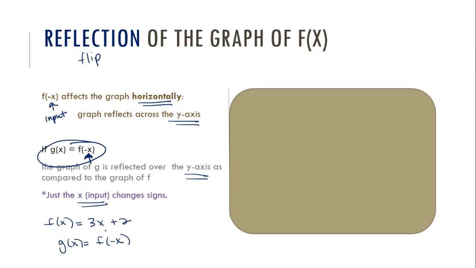The only thing that would change, excuse me, is the x. I wouldn't change anything else. I would just change this x into a negative. So my g of x function would become 3 of negative x plus 2, or negative 3x plus 2. That's it. Okay, I'm just changing that x input.